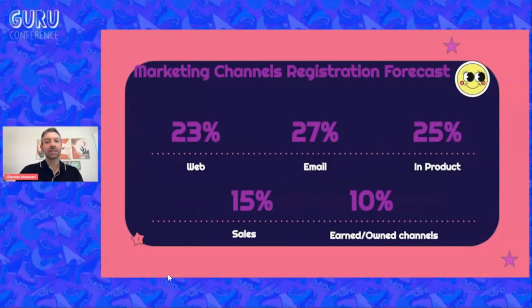Typically, from what I've worked on personally, the marketing channels forecast comes across three main channels: web marketing promotions, email marketing promotions, and in-product marketing promotions, which is great if you have that channel, meaning that you promote your event within your product itself.